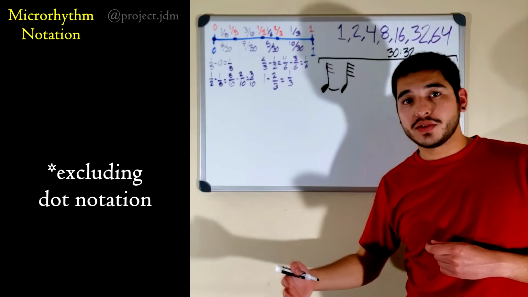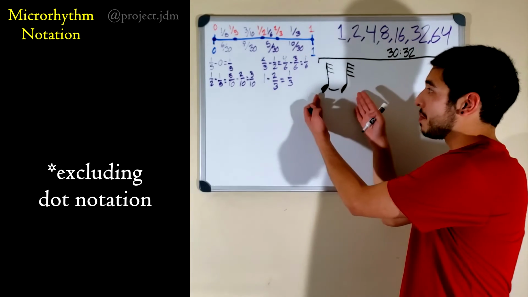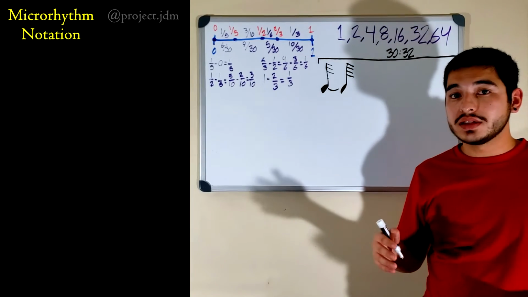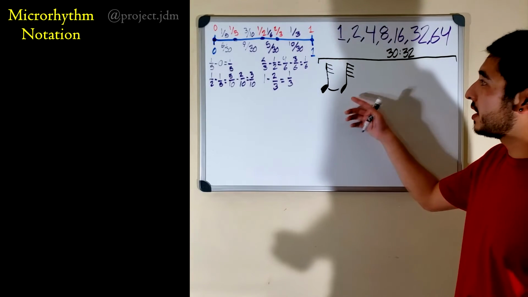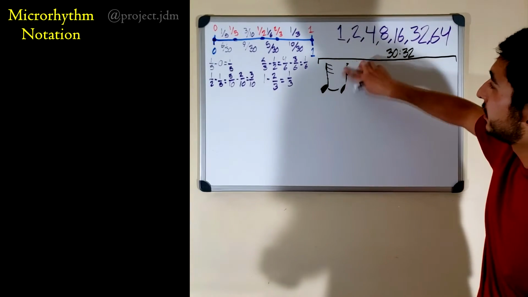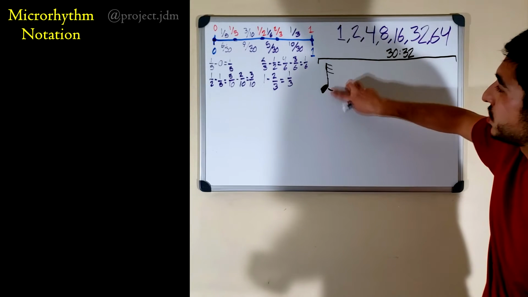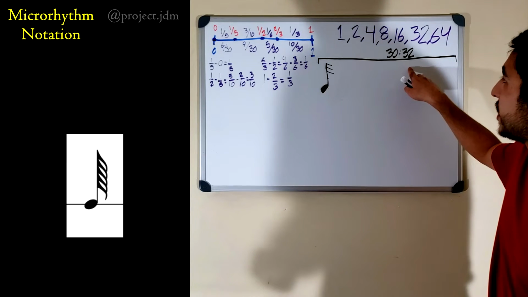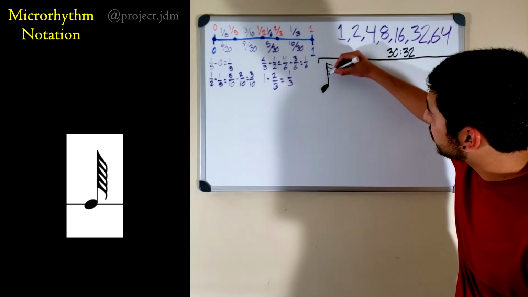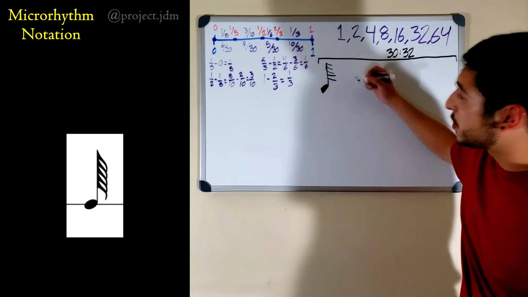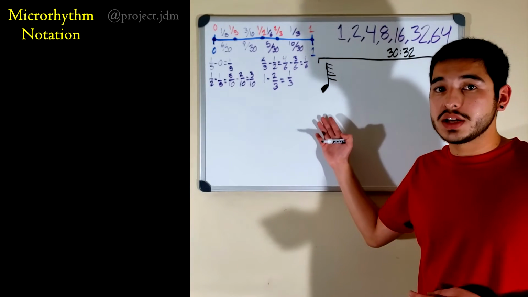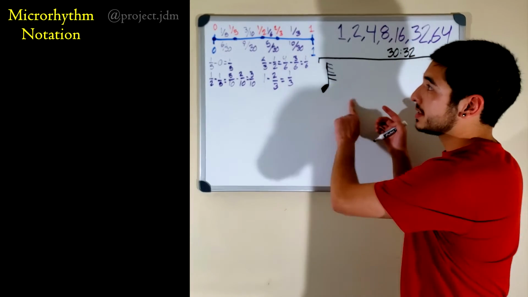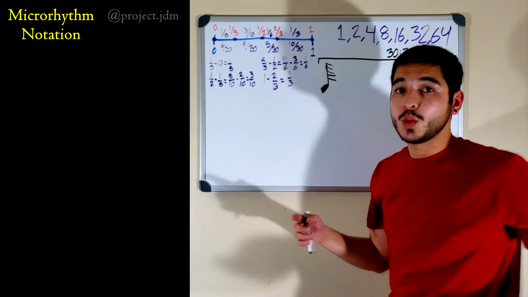So now the workaround for this, for the sake of being compact, is that we're going to try and notate this using one note. For this, we're going to go back to starting with our 128th note. Since we know that if our number of subdivisions is a power of 2, then we can reduce the notation down to fill up the space that we need with just one note.